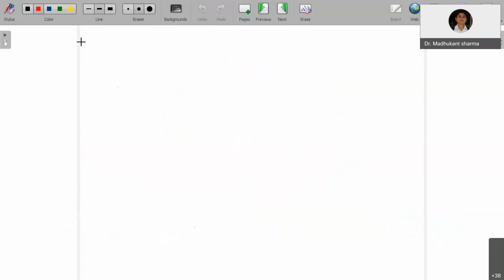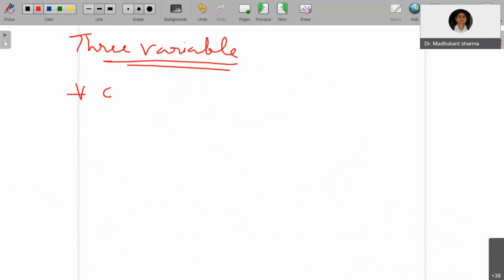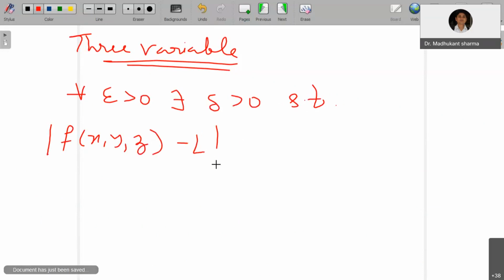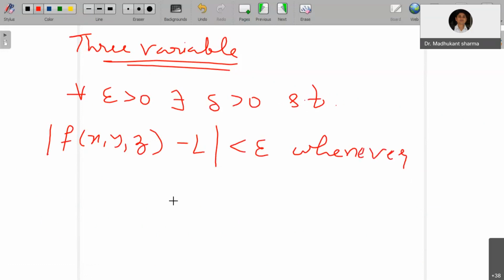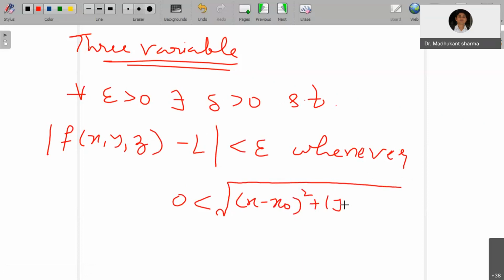In the three variable case, for every epsilon bigger than 0, there exists a delta greater than 0 such that mod of f of x comma y comma z minus L is less than epsilon whenever 0 is less than, the distance concept still being the same, with one more direction included, square root of x minus x naught square plus y minus y naught square plus z minus z naught square less than delta.